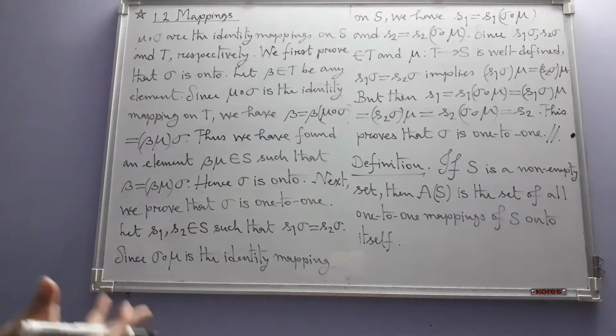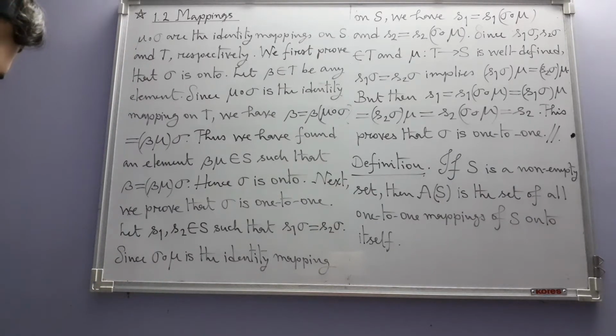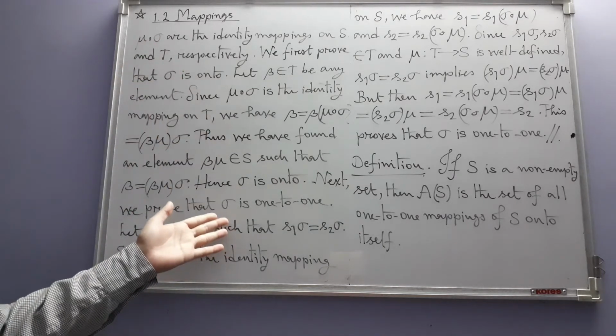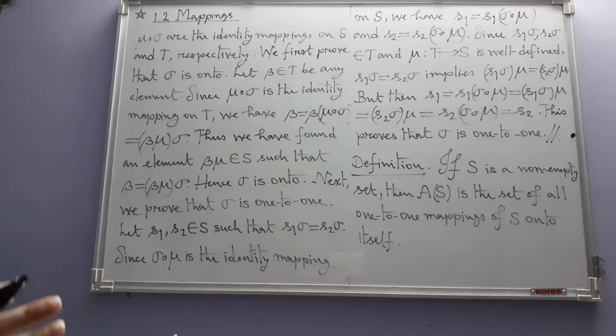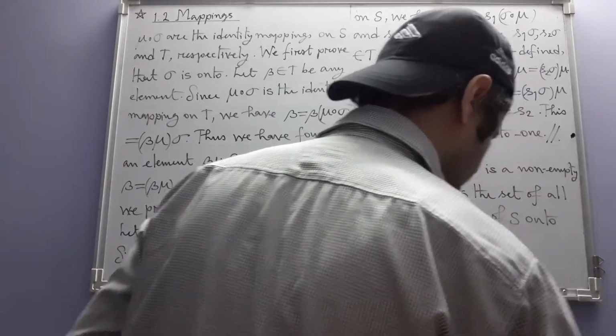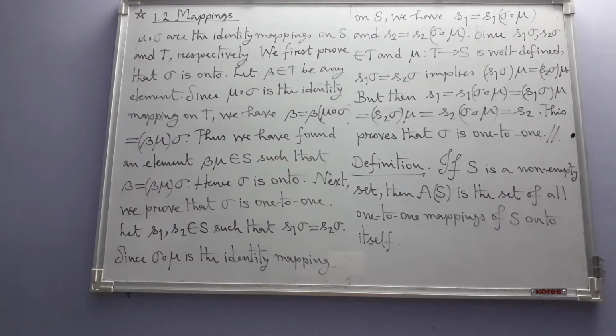is a very important set, and its properties, which we have actually proved in these preceding lemmas, will now be consolidated, taken together, and we will state a theorem, and that theorem will be very important for us.